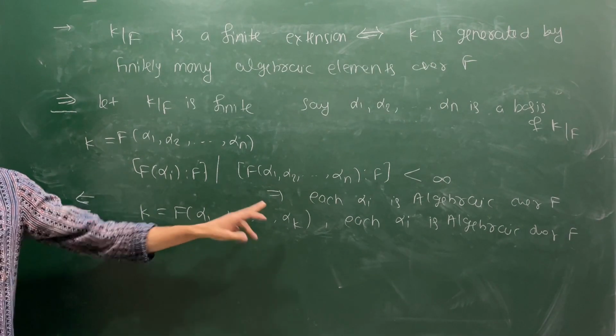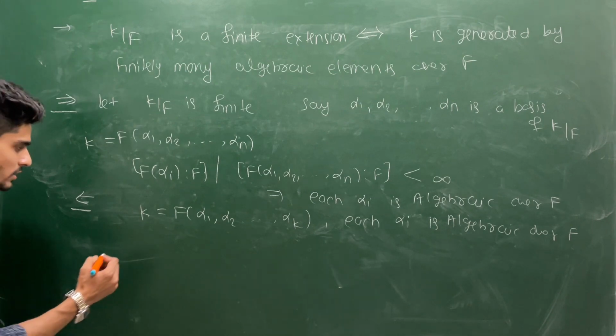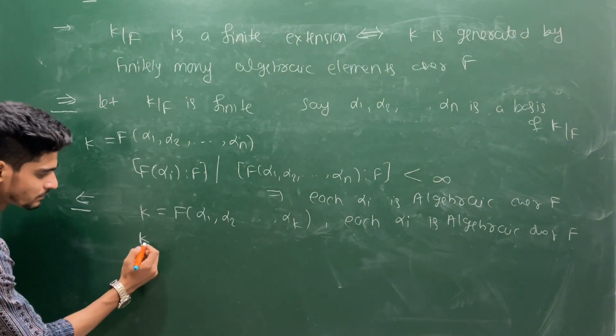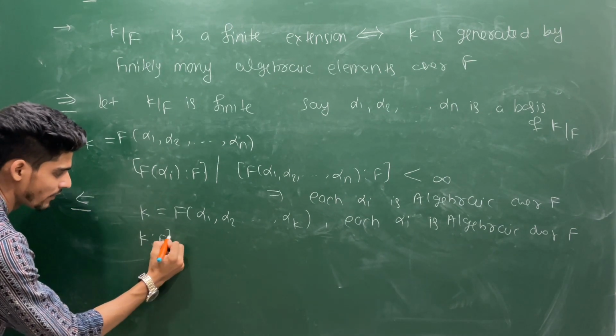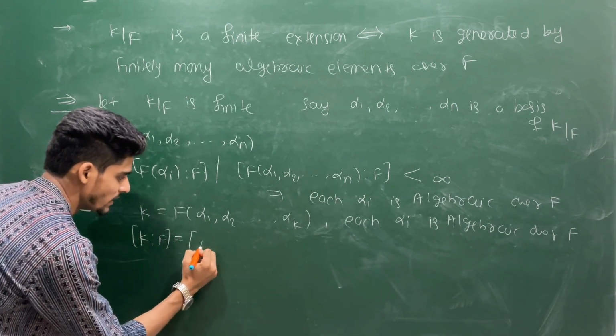Actually, this is straightforward. Why is it straightforward? See, the dimension of K over F, you can think in this manner.